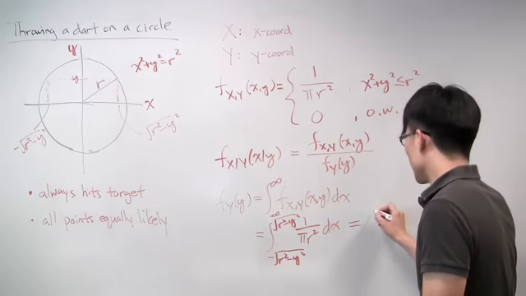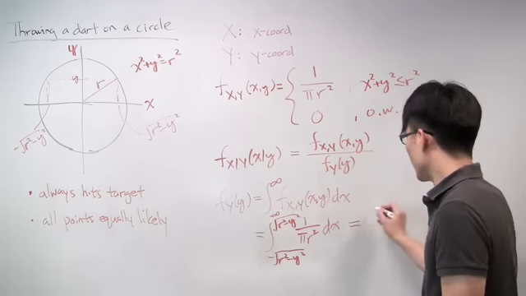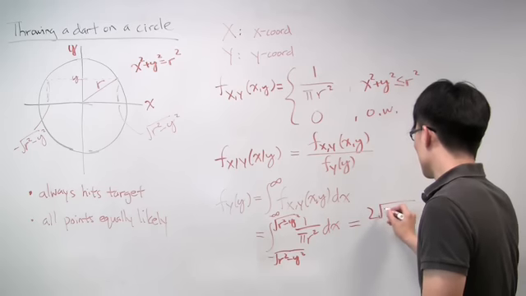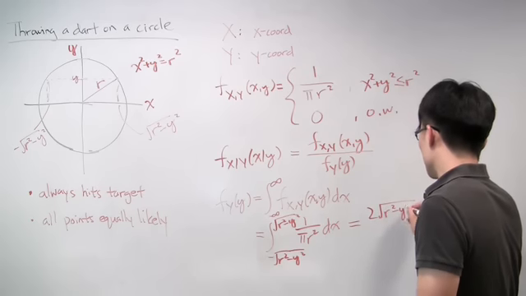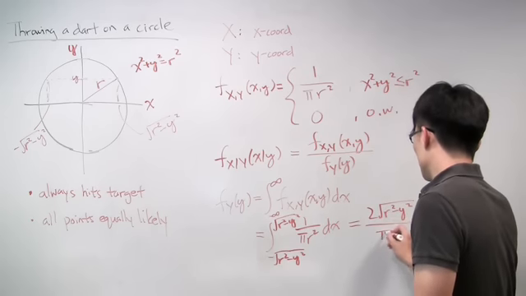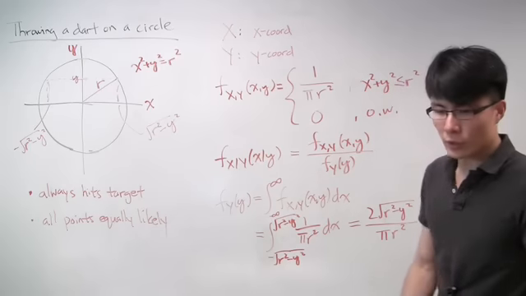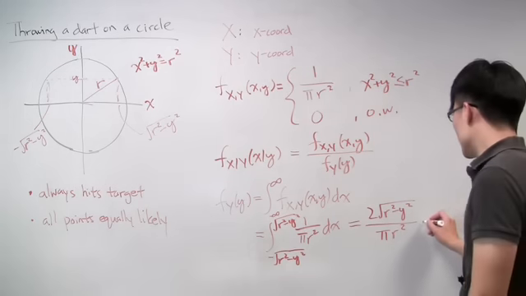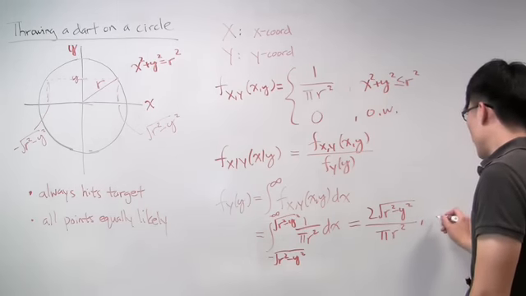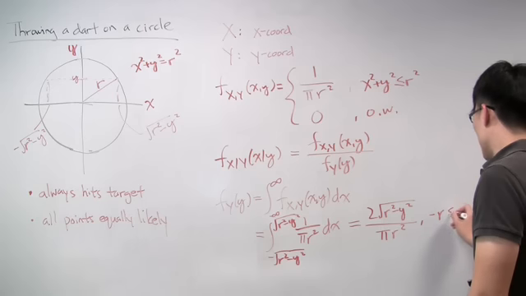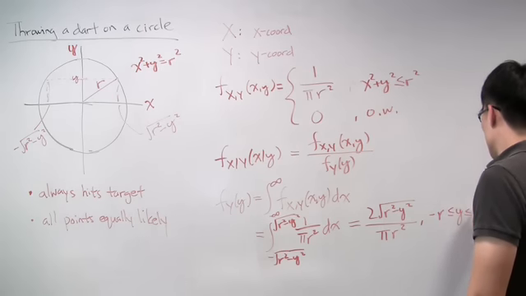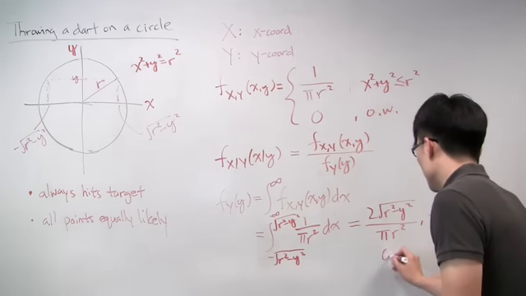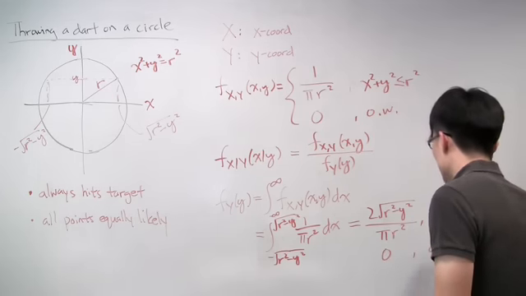So it's just going to be 2 square root of r squared minus y squared over pi r squared. And again, this is valid only for y from minus r to r, and it's 0 otherwise.